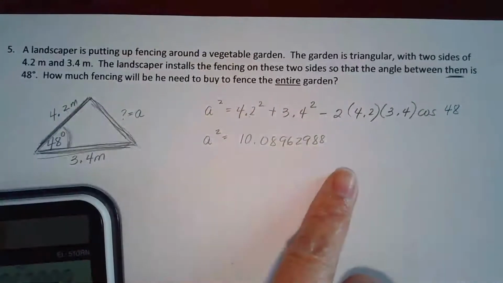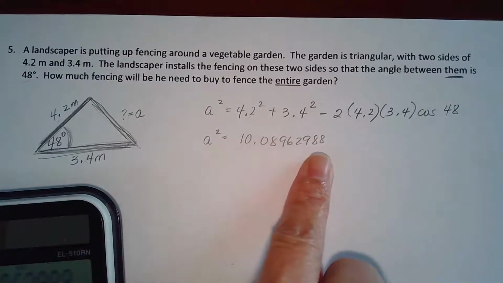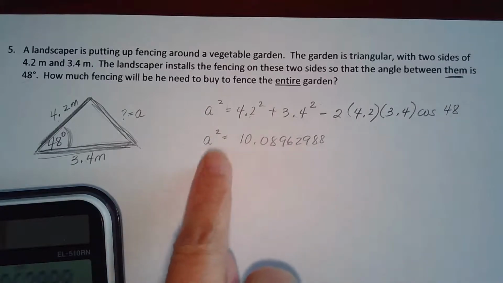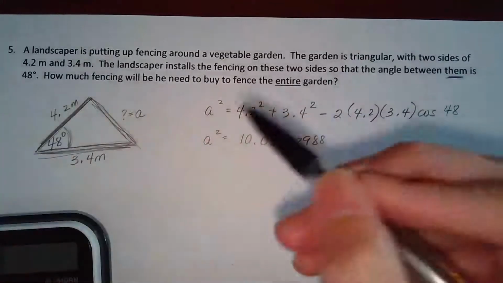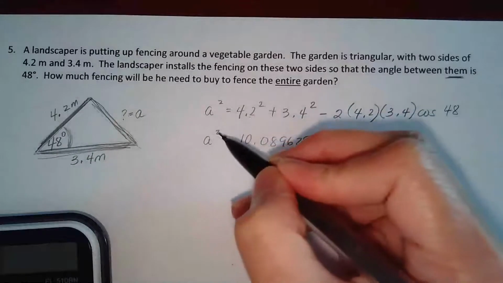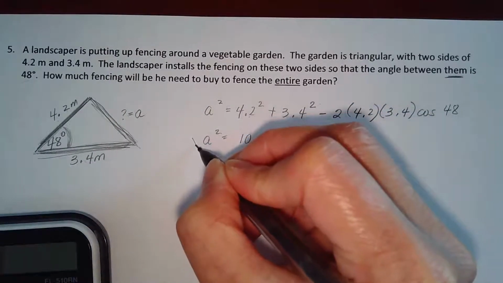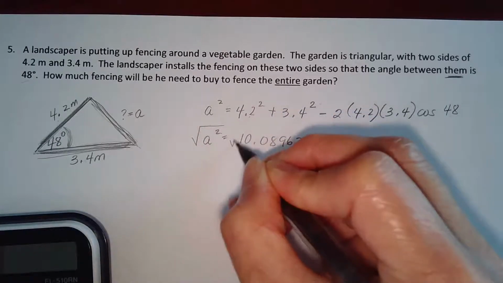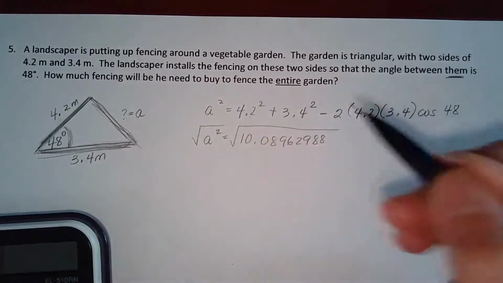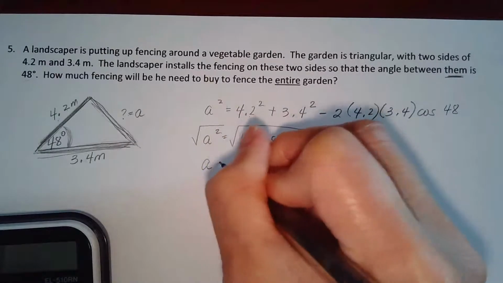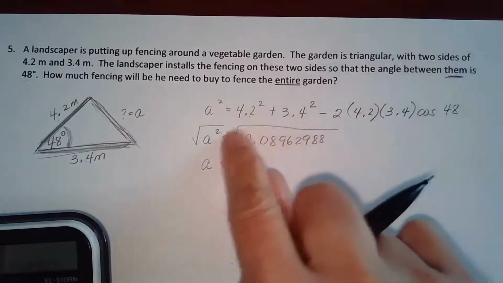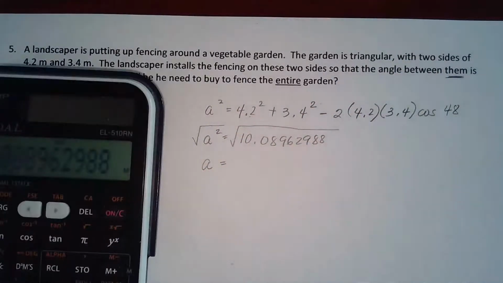Okay, I'm just writing all of the decimals there. I'm not rounding it off because it's not my final answer. And then finally, the next thing we're going to do is get rid of the square. And how do we get rid of the square? We're going to take the square root on both sides. So A is equal to whatever the square root of that is. So let's go ahead and type that in.